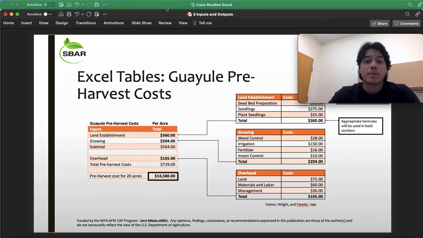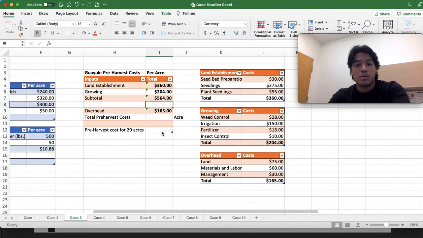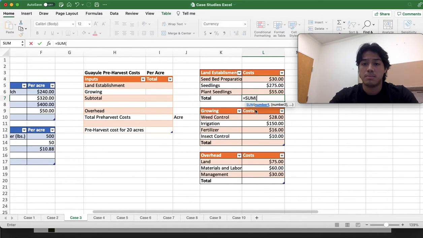Starting with the wayuli, it's going to be here. We need to first erase this, and okay. So for the total of the land establishment, we have nothing here, so we need to provide that number. Remember, it's going to be the sum.